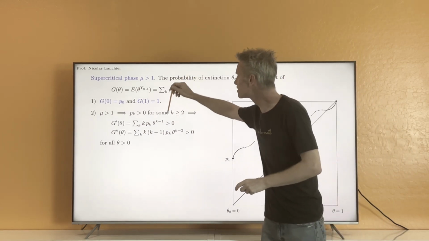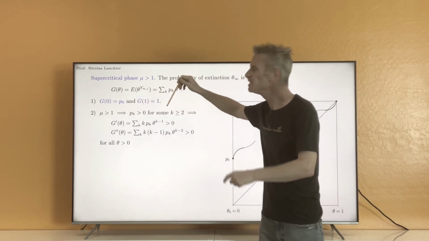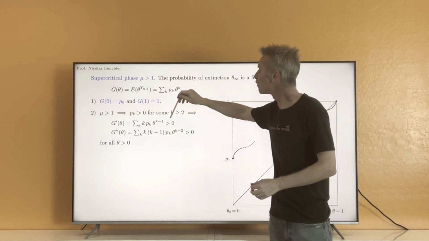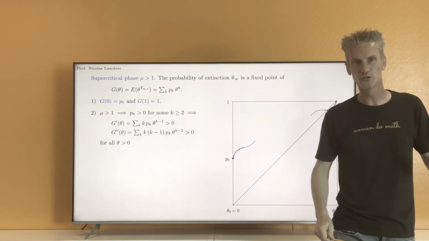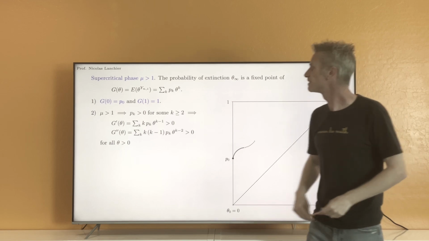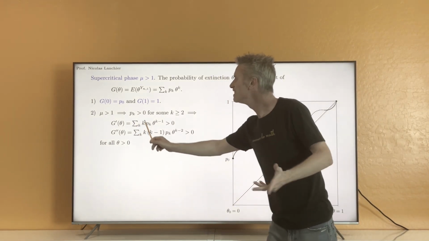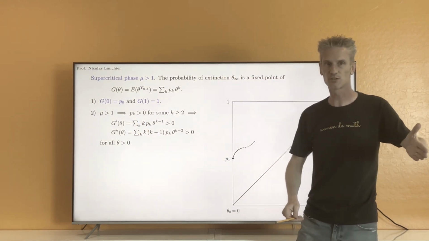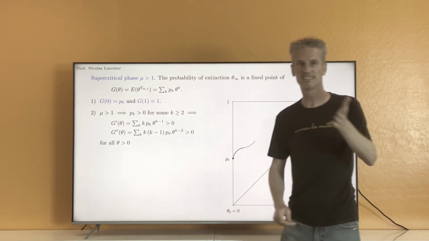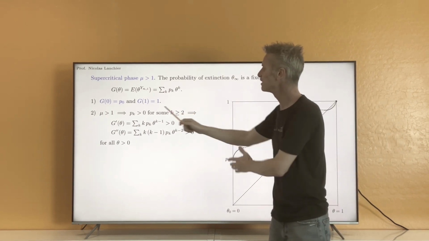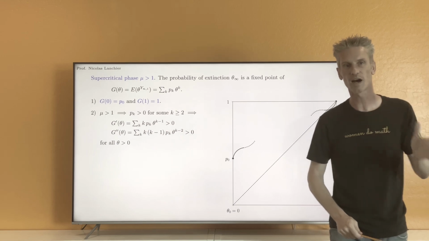But we just saw here that p_k must be strictly positive for some k larger or equal to 2. So that means that implicitly, this sum starts at k equals 1, this one starts at k equals 2. But after k equals 2, we must have at least one positive term.